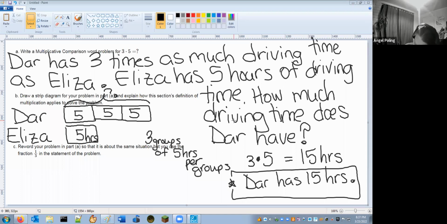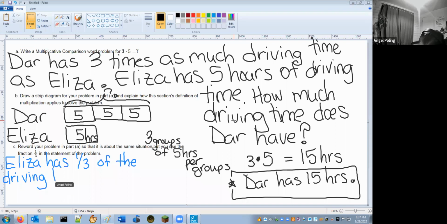So let's alter and say Eliza has 1/3 of the driving time that Dar has.